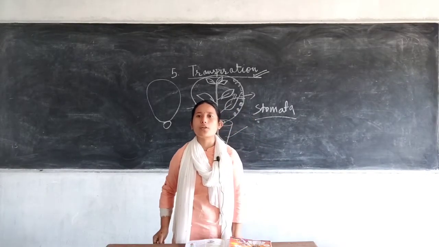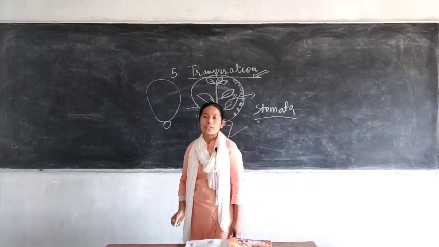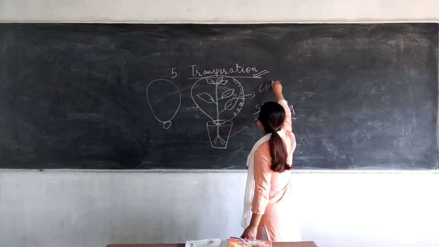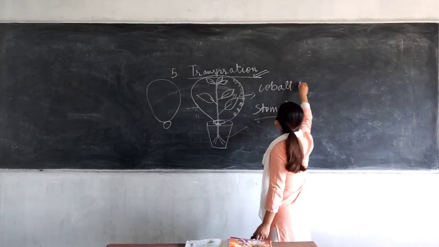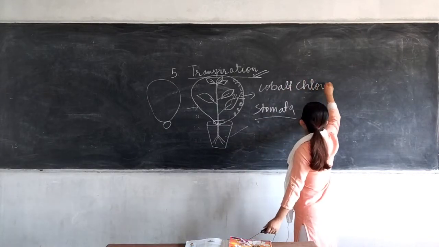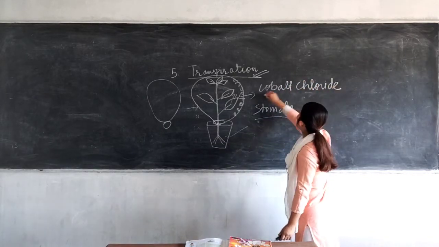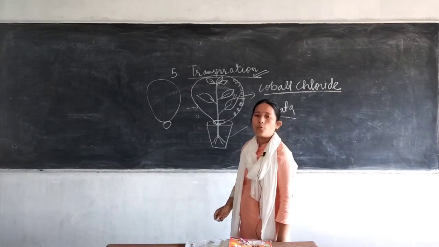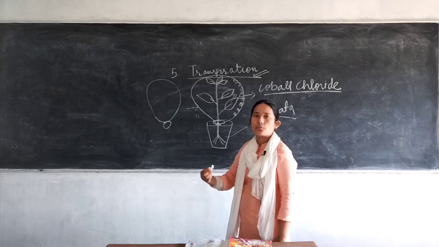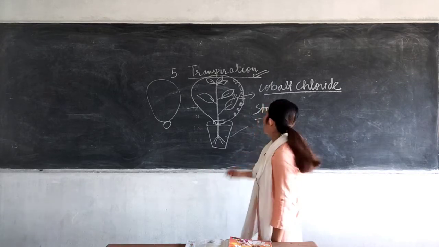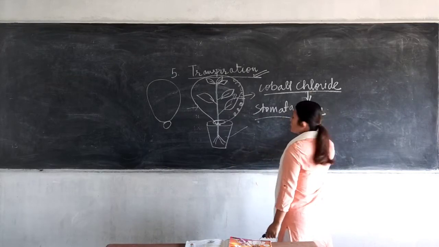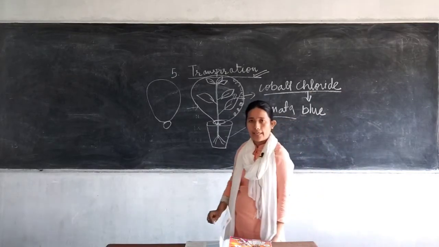The second experiment also proves the same, but in the second experiment we will be using cobalt chloride paper too. Now this cobalt chloride paper, whenever there is an absence of water, is blue in color. It's an indicator for the moisture present in the air.